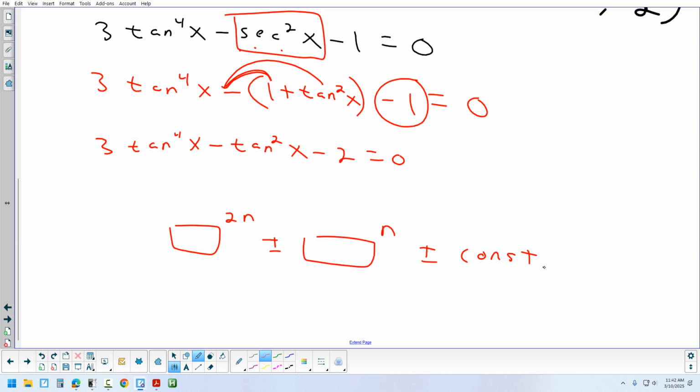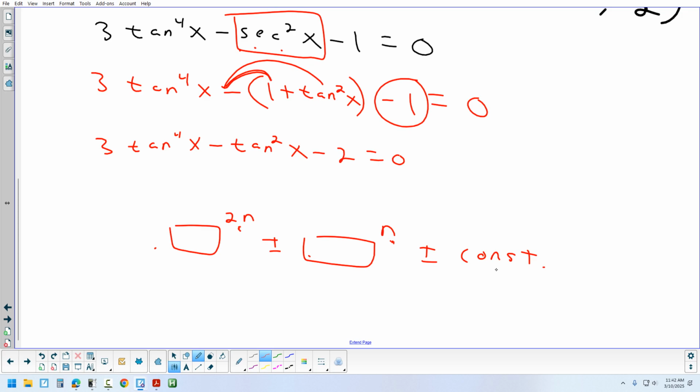Whether this exponent is a 6 and that's a 3, that's a 2 and that's a 1, that's the standard quadratic, or in our case, that's a 4 and that's a 2. If that exponent is half that exponent, and you've got the same thing in each of those boxes, and a number at the end, you can factor it just like it's a quadratic.